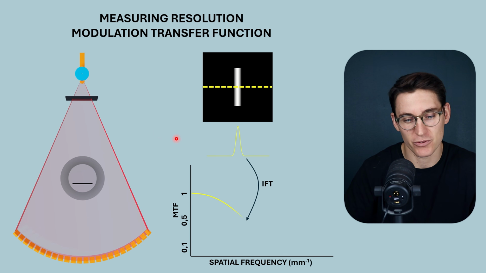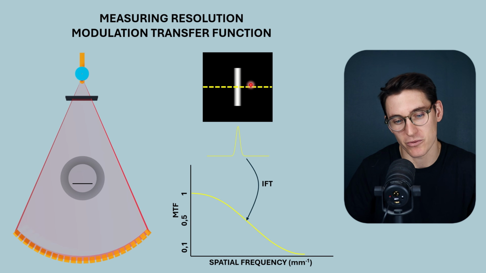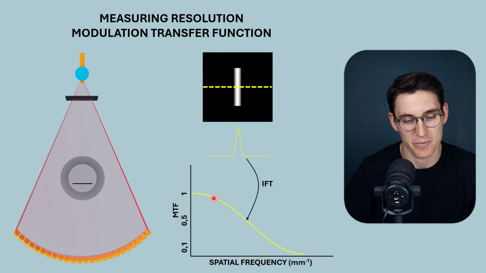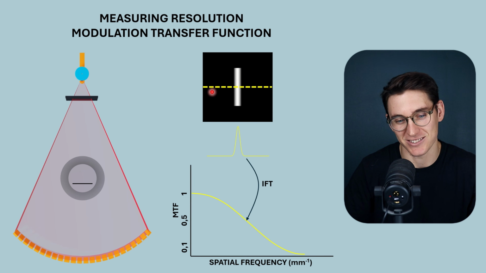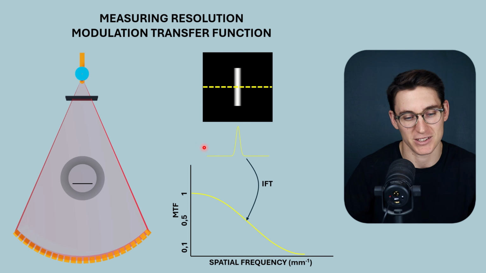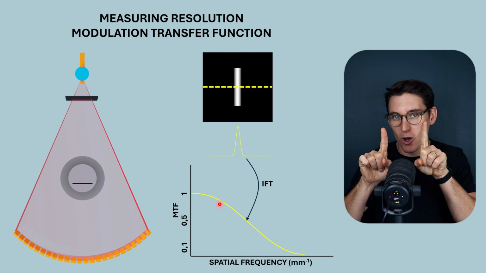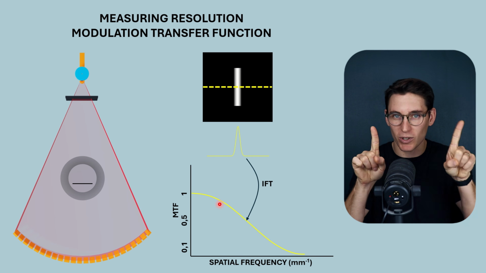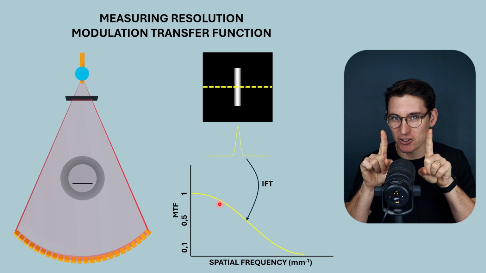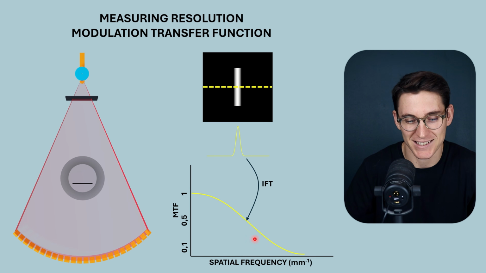So let's do an inverse Fourier transform of the signal that we've read out along this x-axis of our scan. When spatial frequencies are 0, the DC component of our signal here, the lowest frequency component of our signal, our modulation transfer function is going to be 1. As spatial frequencies increase, our ability to differentiate where one structure ends and one structure starts, where pixel values change rapidly, gets less and less.